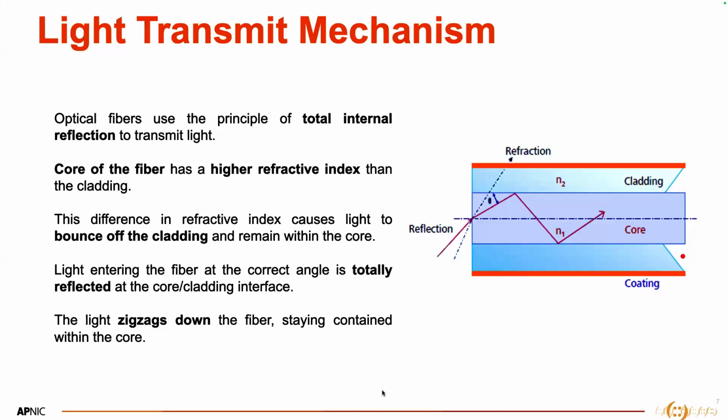Then the ray falls on the other side of the glass core in such a way that total internal reflection occurs again. So by repeated total internal reflection, light moves forward in a zigzag way. This is how light moves in an optical fiber, right? This is the basic concept.